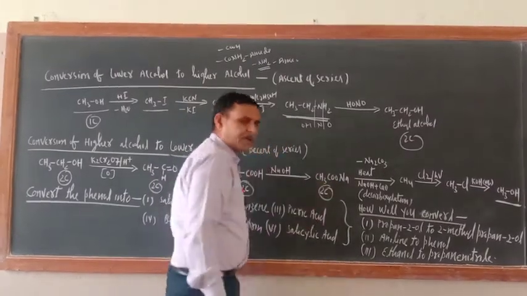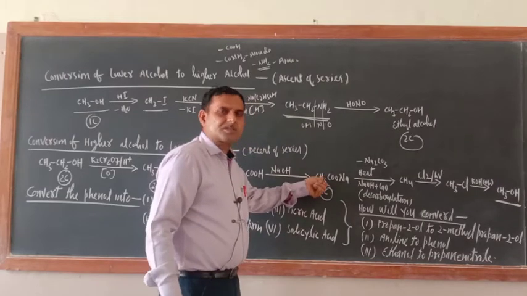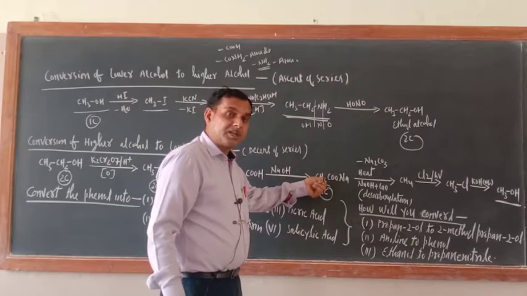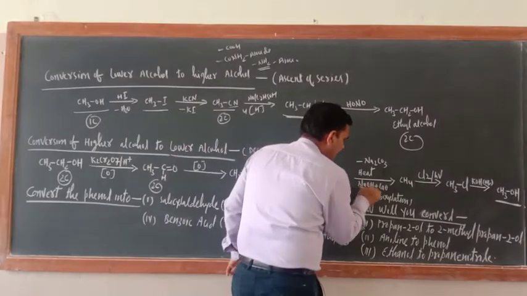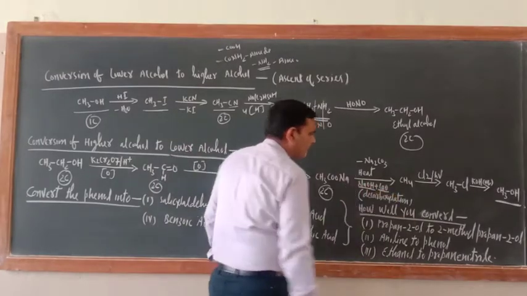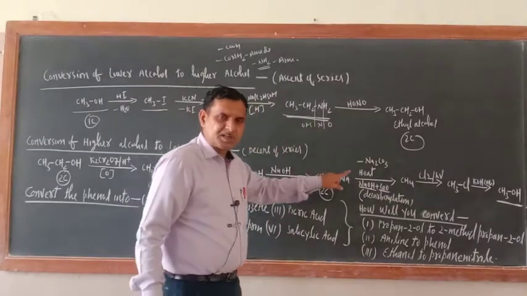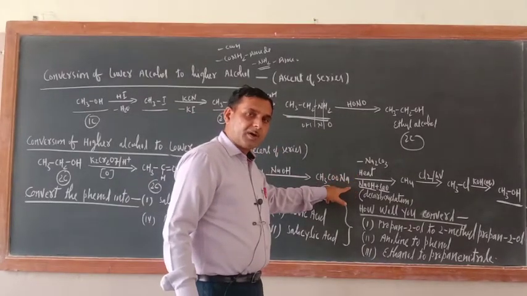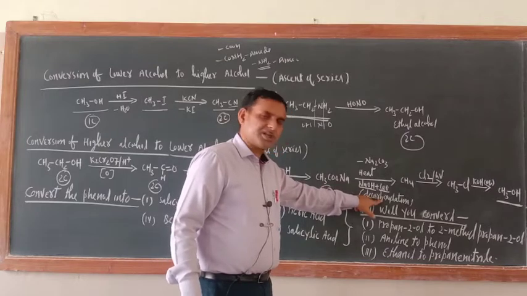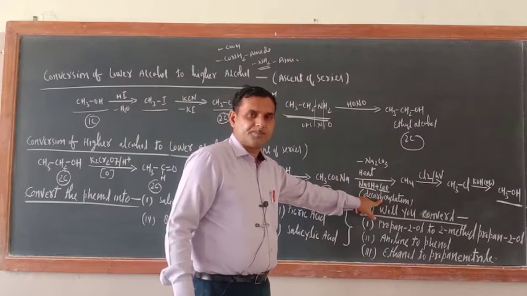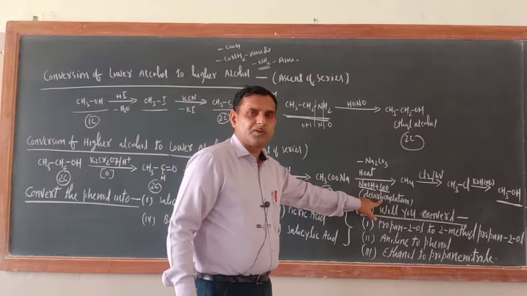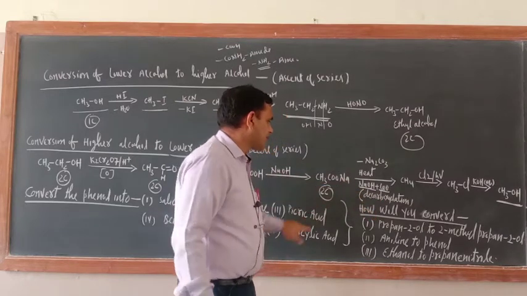But try to understand: when the sodium salt of carboxylic acid is treated with soda lime, what is soda lime? A mixture of NaOH and CaO. Then decarboxylation occurs, which means removal of the COOH group in the form of CO2.